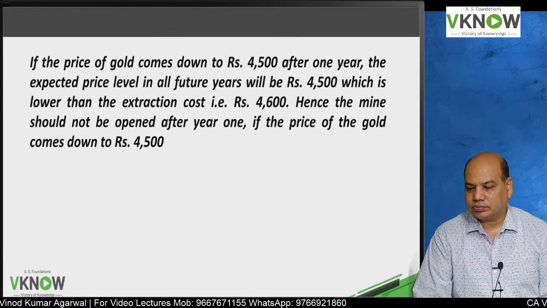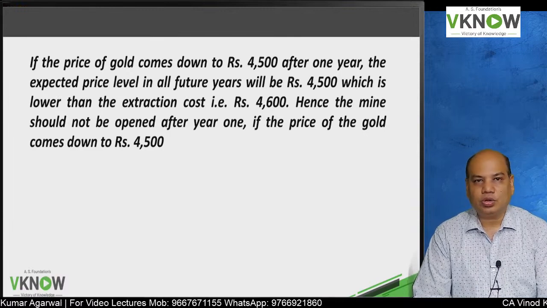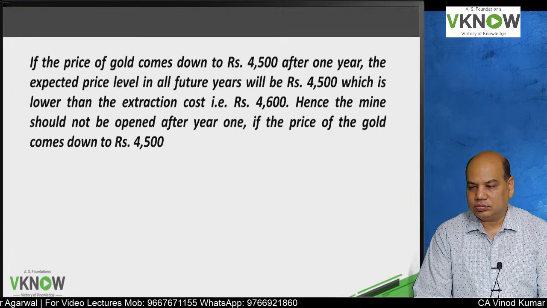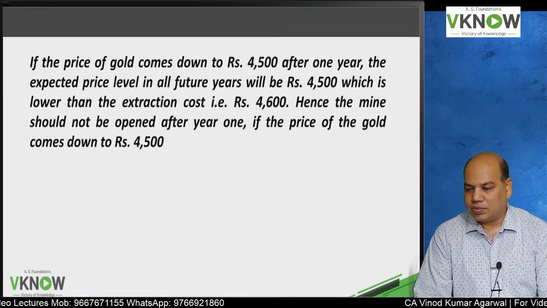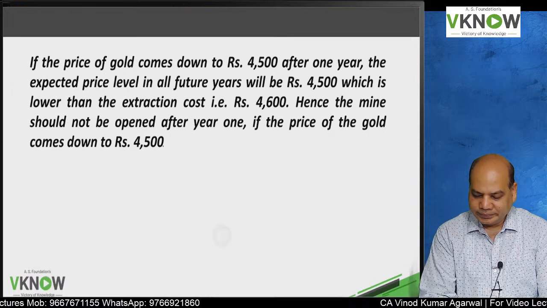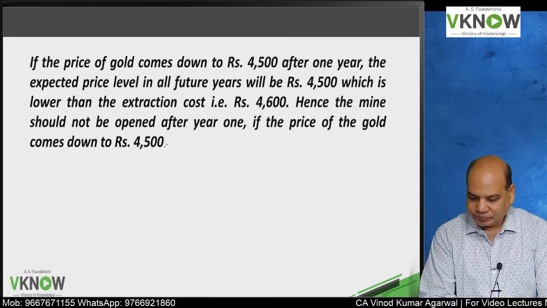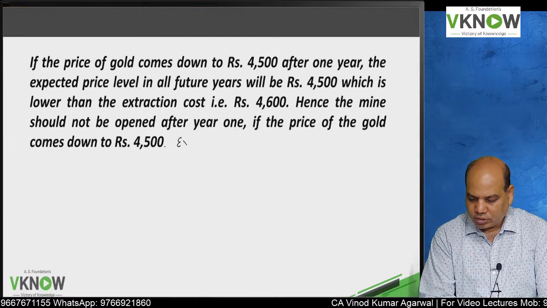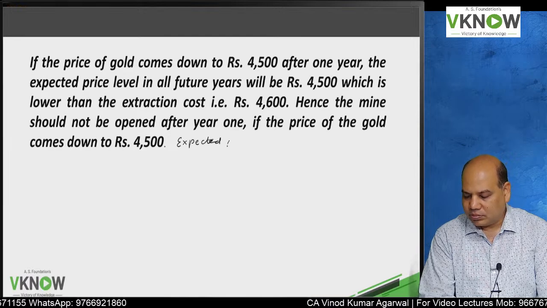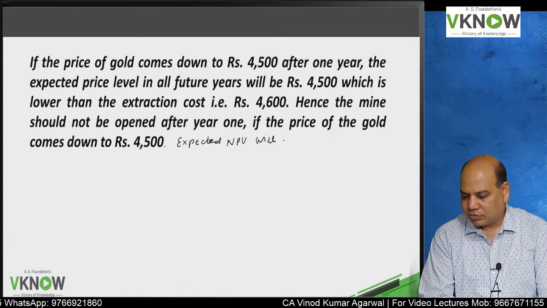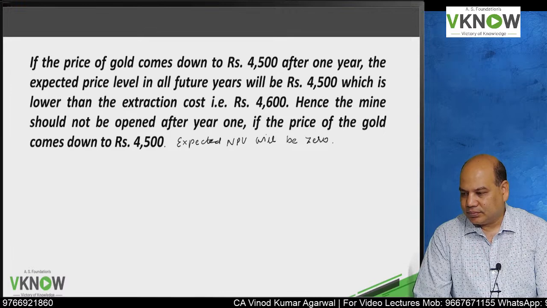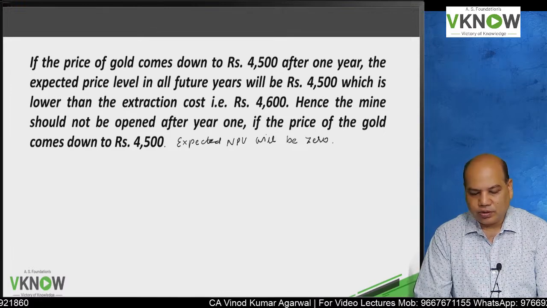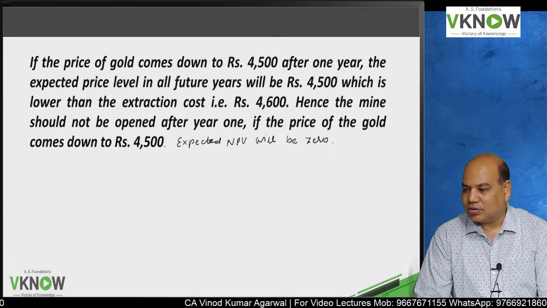After year 1, if the price of the gold comes down to rupees 4,500, expected NPV will be 0, because if you are not going to open the mine, there is no cost, there is no revenue, there is no extraction cost.